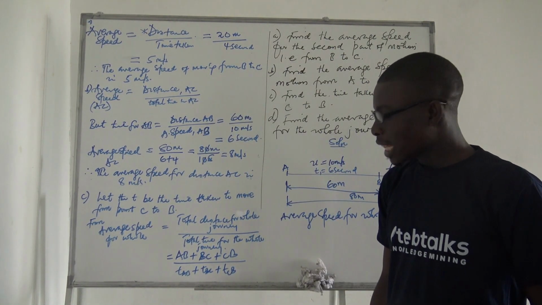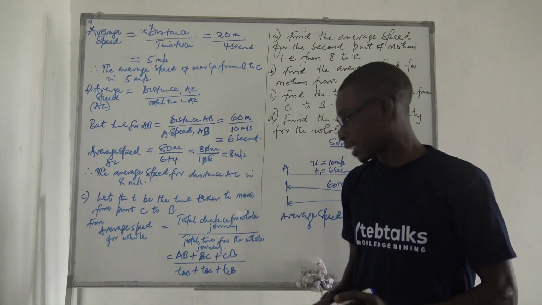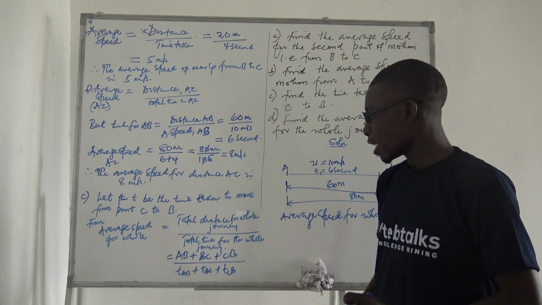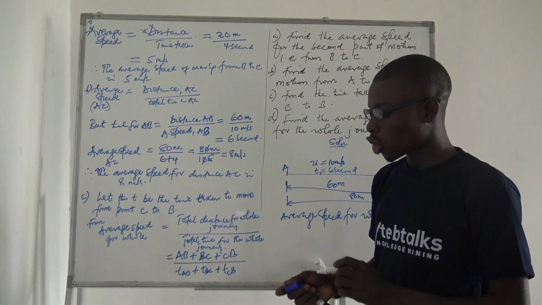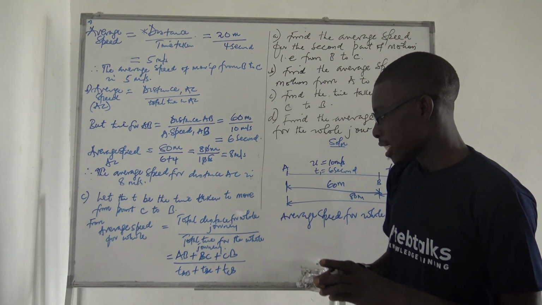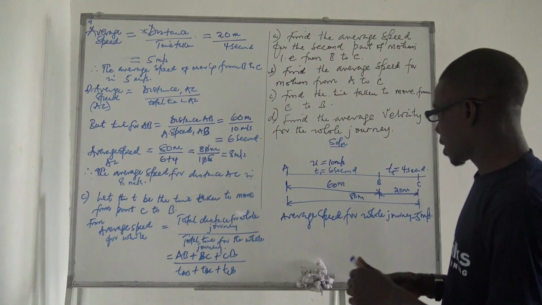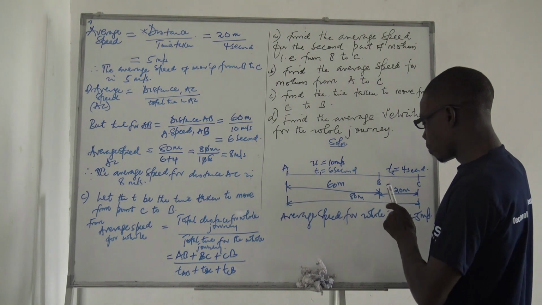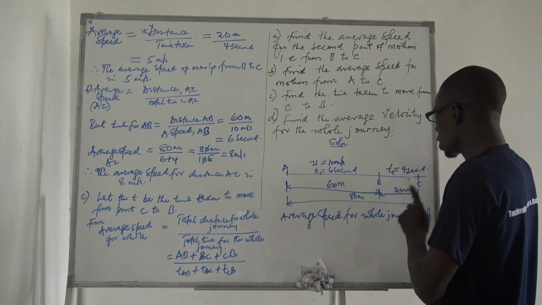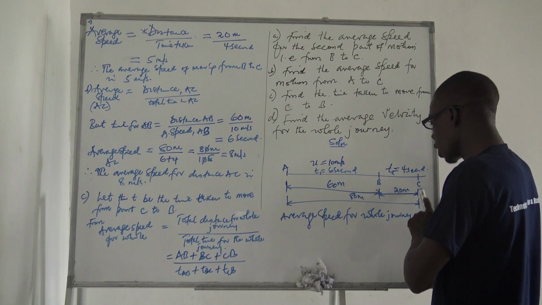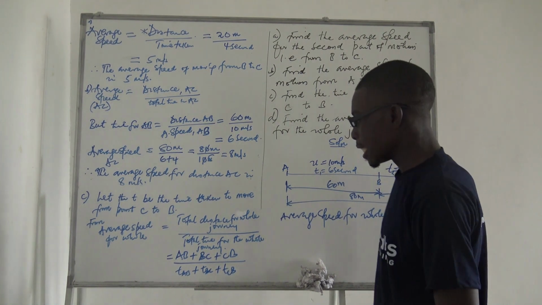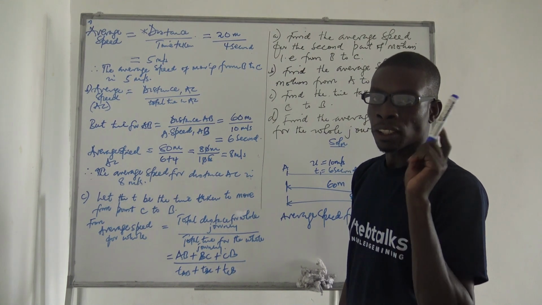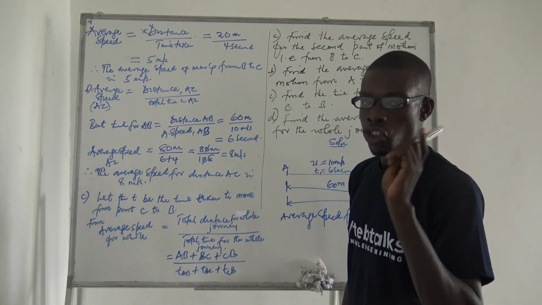If we are to look at the average speed for the whole journey, which is total distance divided by total time for the whole journey, the whole journey involved moving from A to B, and then from B to C, and then from C back to B. If you add all those, you get the total distance for the whole journey.